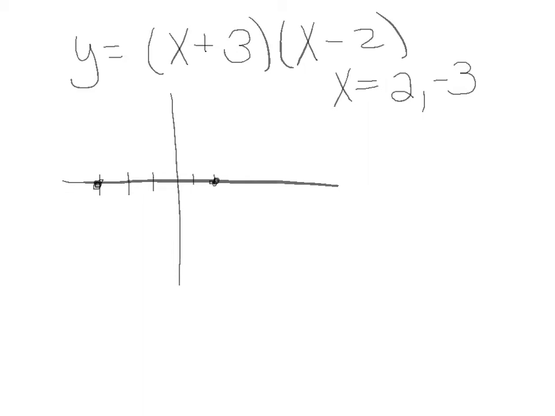Now, if I want to actually graph this, how do I find the line of symmetry for this? Well, I could either FOIL it back and then use my negative b over 2a, or I know that these are mirror images of each other, so I could just average these two and then find the middle line.